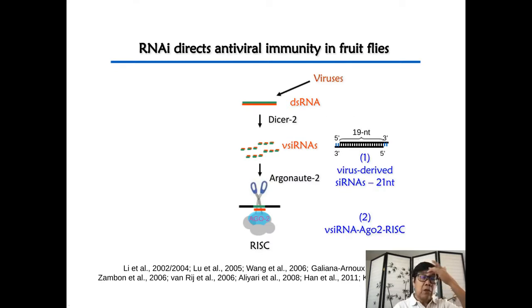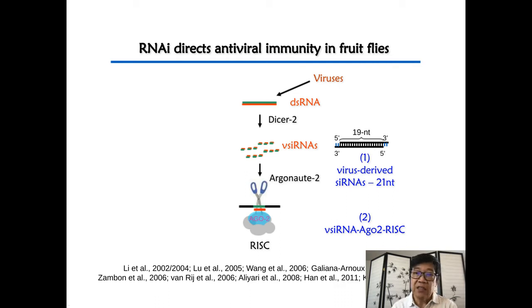RNAi pathways actually direct antiviral immunity in plants, fungi, nematodes, and insects. For example, in fruit flies, viral double-stranded RNA replicative intermediates are processed into virus-derived siRNAs, or vsRNAs, by Dicer-2.